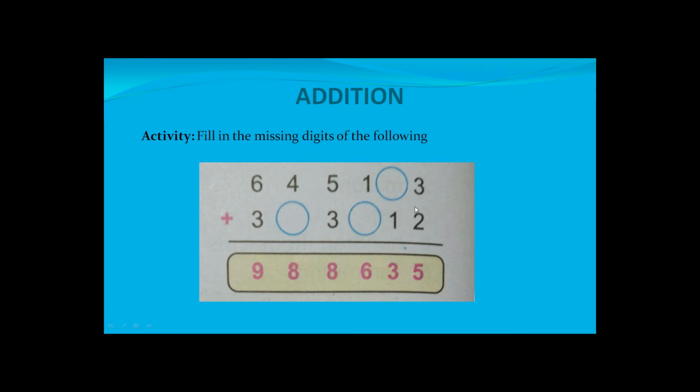Now, a very easy activity, you can do it yourself. Okay, first you take a copy and just copy this question from here and write the answers. When I explain, after that I will show you the answers and you can match your answers with mine.